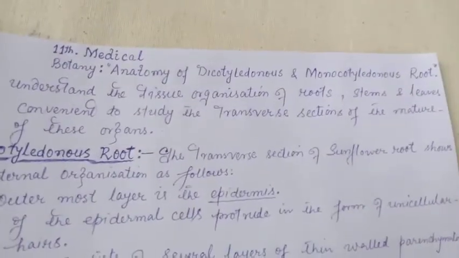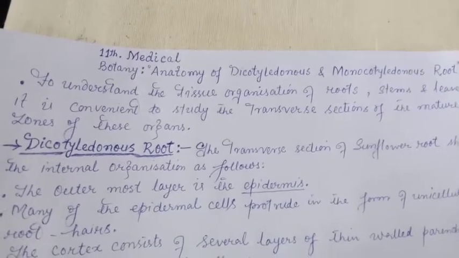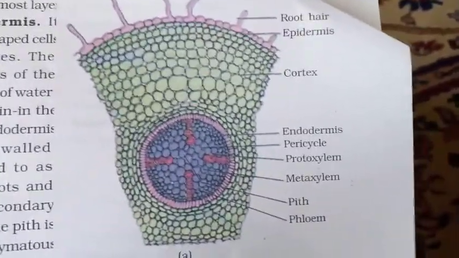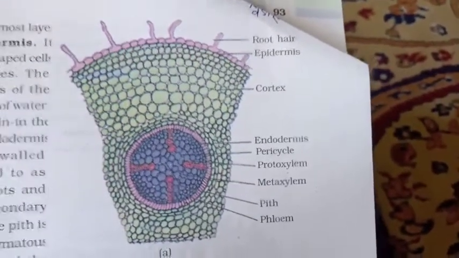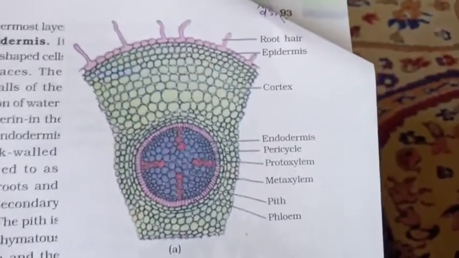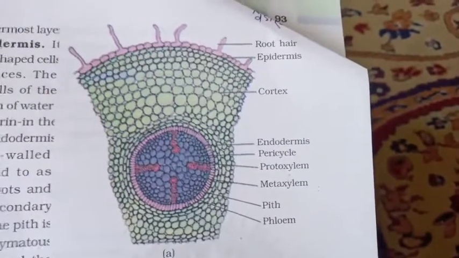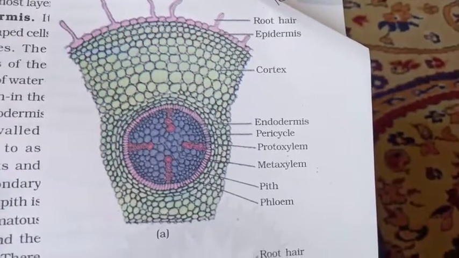The transverse section of sunflower root shows internal organization as follows. This is the transverse section of the dicot root of sunflower. You can see the outermost layer is the epidermis with the root hairs, then the cortex, then the endodermis, pericycle, protoxylem, metaxylem, pith and phloem.